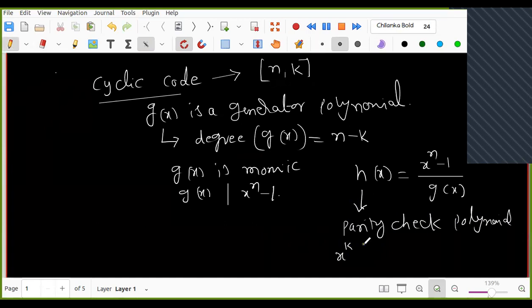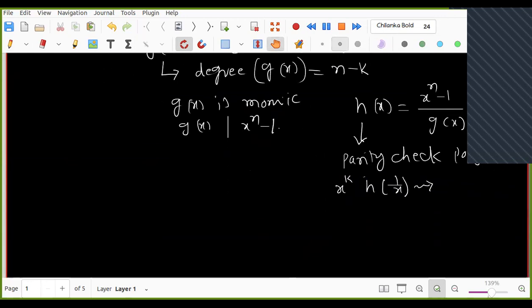So it is x power k into h of 1 by x. So this is the generator polynomial. Do you recall? This is the generator polynomial for which code?